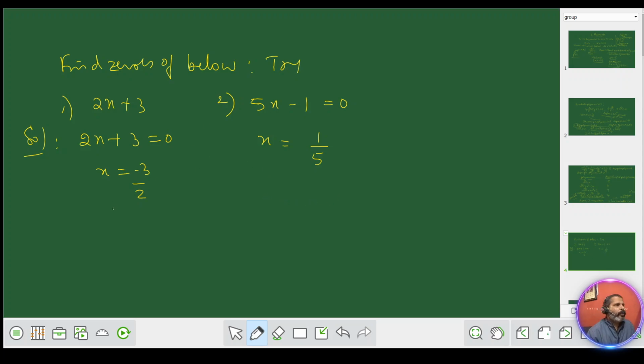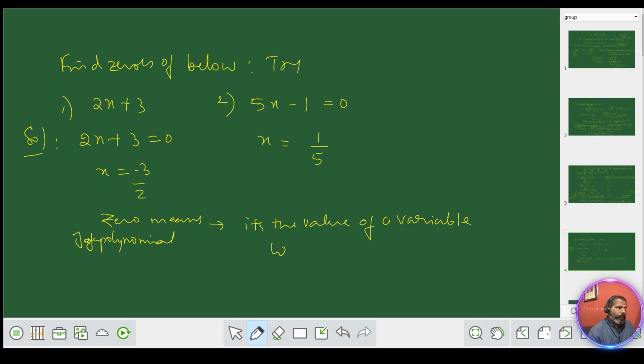So what do we mean by zero? Zero of a polynomial means the value of a variable which satisfies the expression or equation.